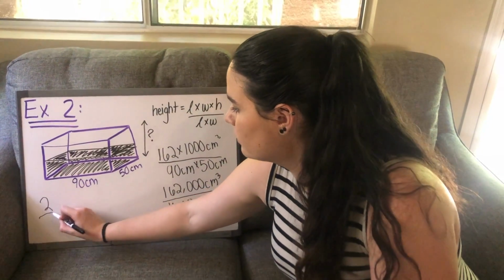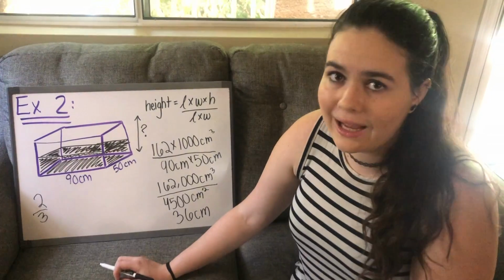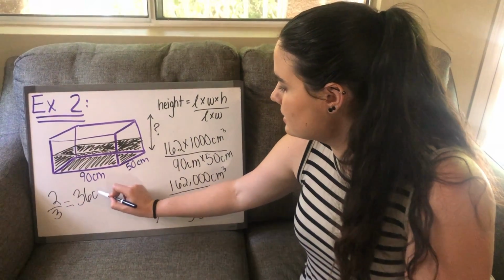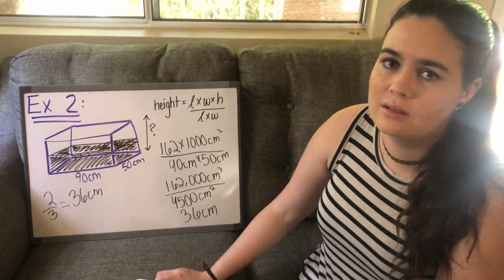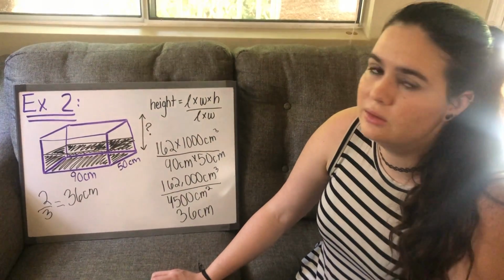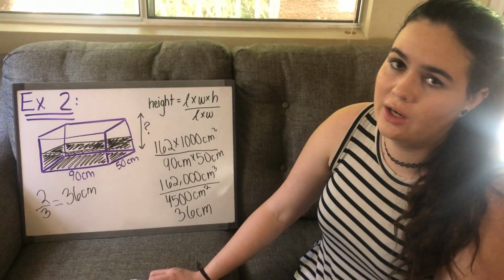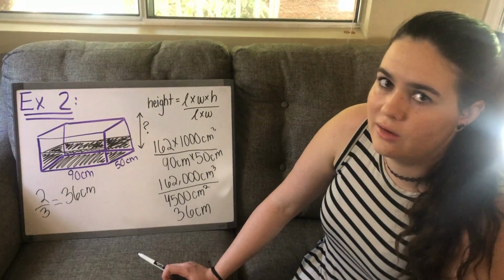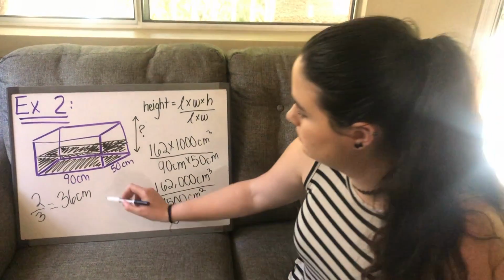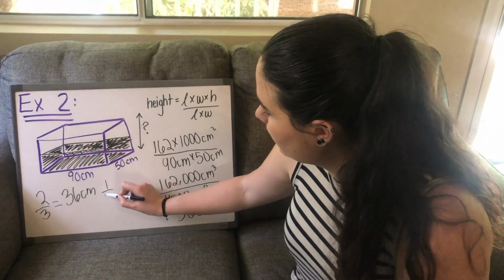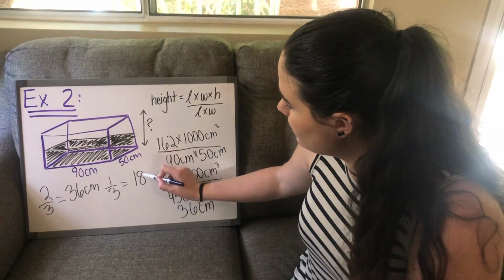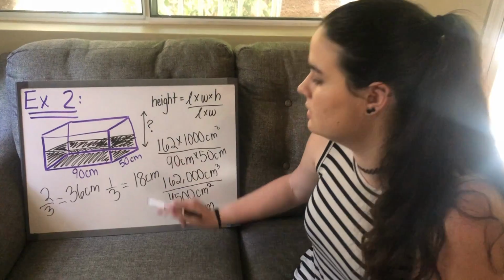So 2/3 of our height is 36 centimeters. So we need to find out first what 1/3 of our height is. So if 2/3 is 36 centimeters, what is 1/3? One-third of our height is going to be 18 centimeters.